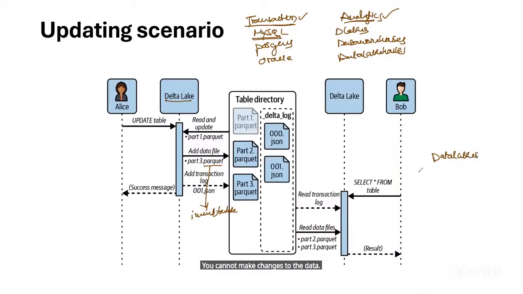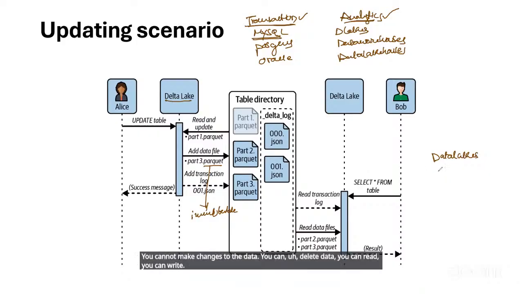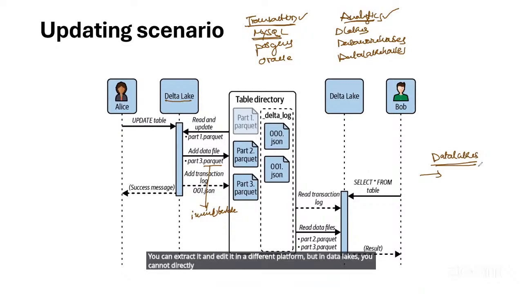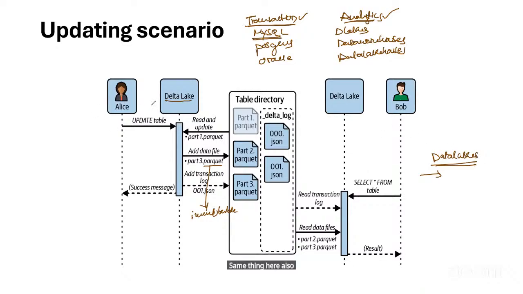You can delete data, you can read, you can write. Once you put some data into your data lake, you cannot edit it. You can extract it and edit it on a different platform. But in data lakes, you cannot directly do that. Same thing here also. But it is not only a data lake, there is a data warehouse part also.